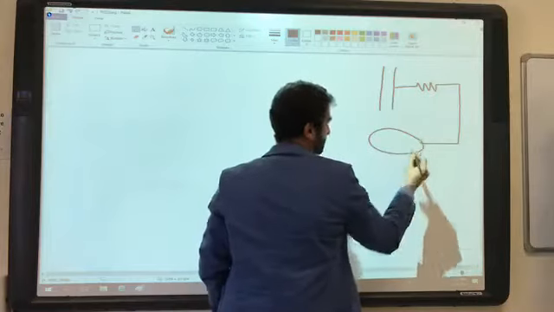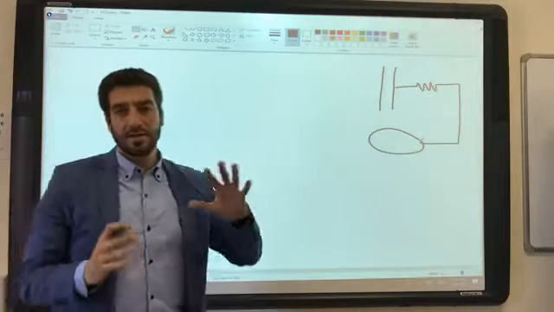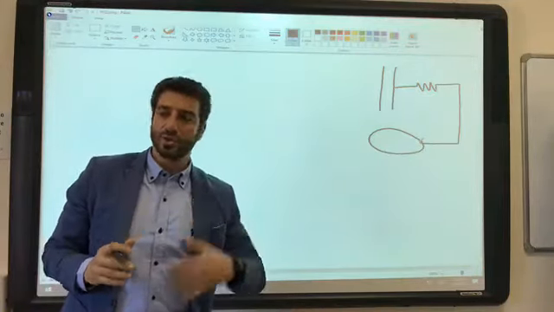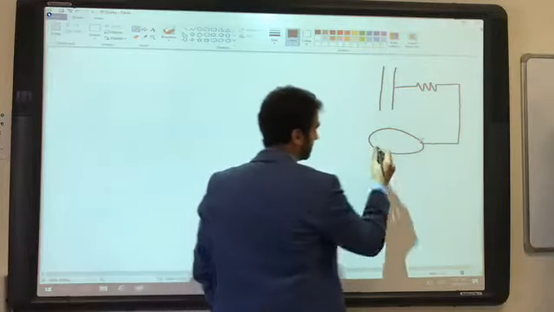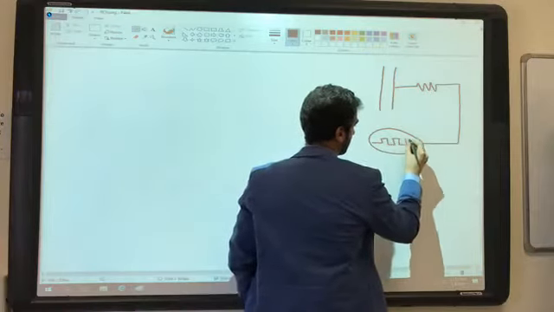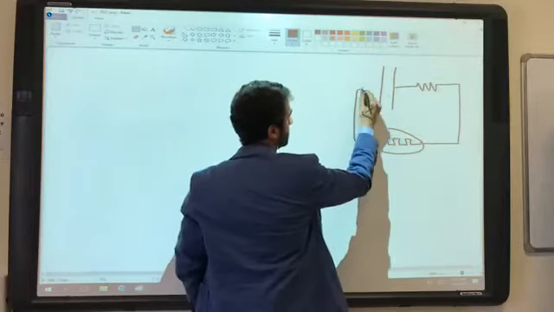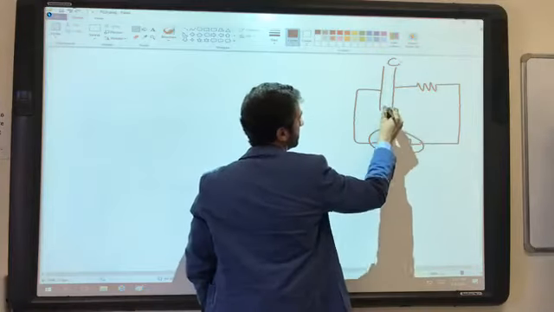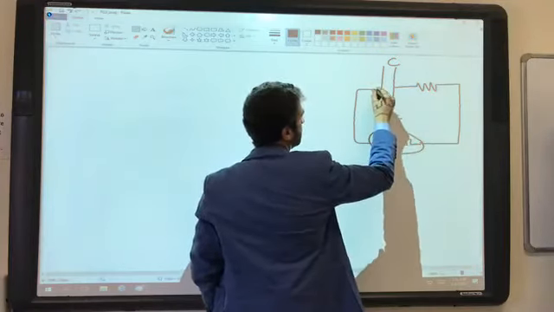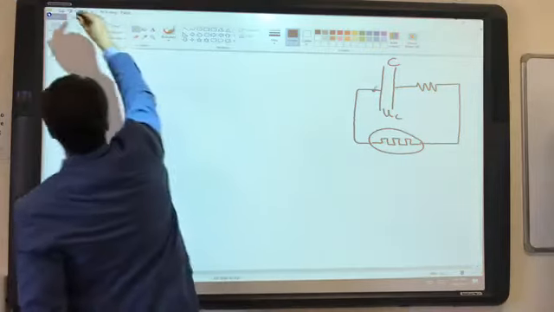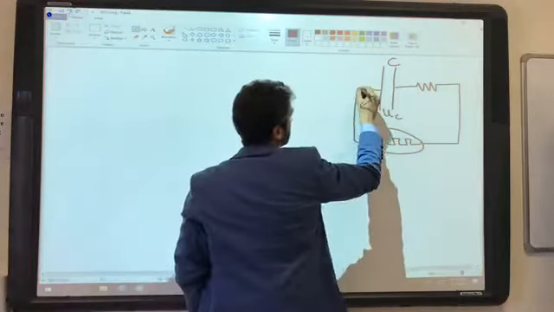And this resistance is connected to an LFG, or actually a sinusoidal square signal. This is C, this is U of C.